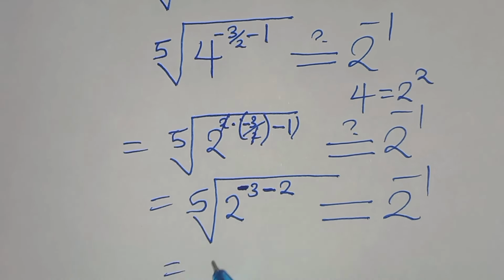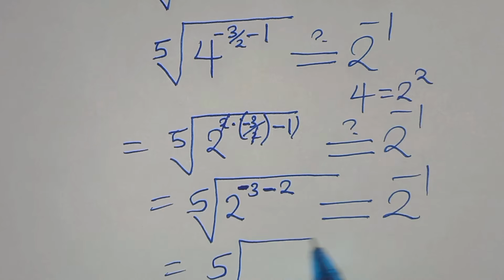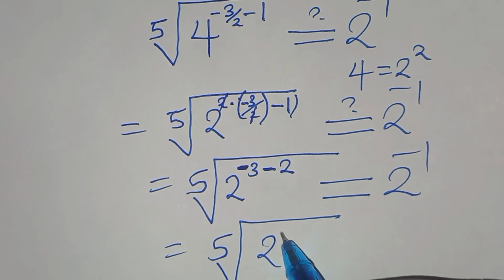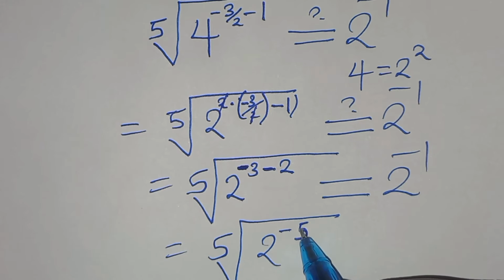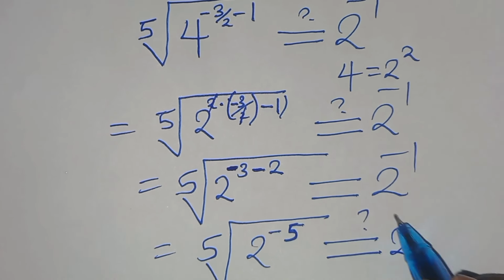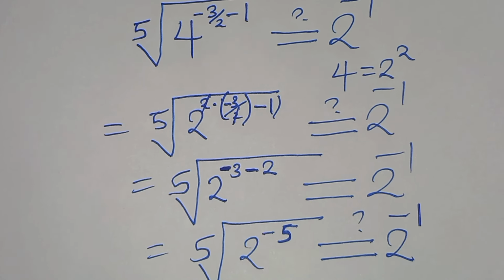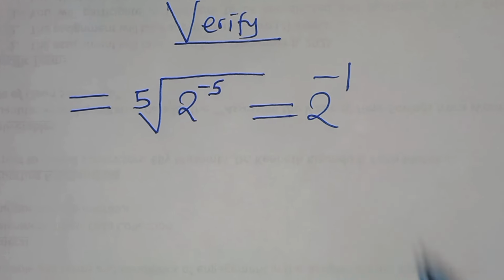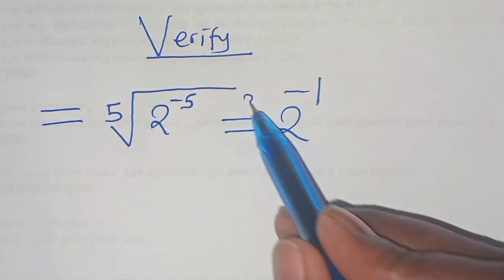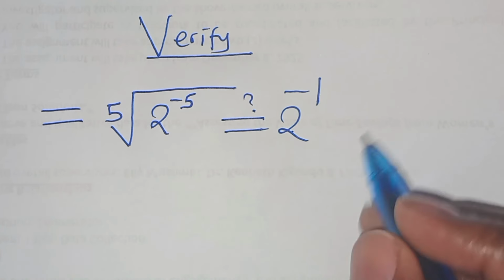So we have the fifth root of 2 to the power of minus 3 minus 2. This is minus 5. Now we have the fifth root of 2 to the power of minus 5. This should give us a value of 2 to the power of minus 1.